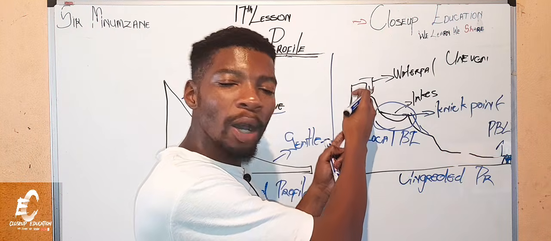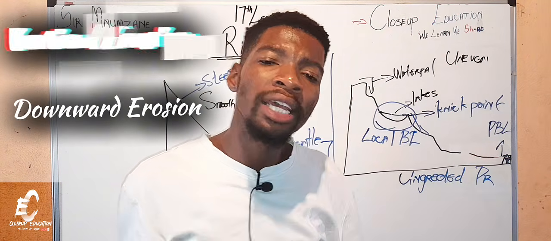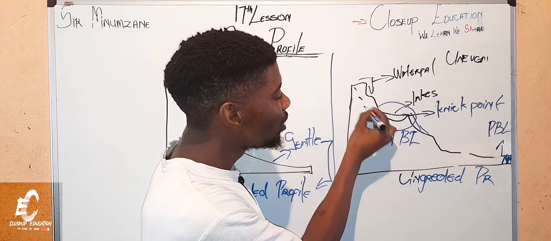How does that occur? By the upper course now being dominated by vertical or downward erosion, so it will look like this.